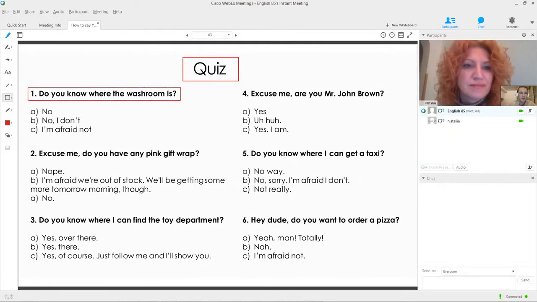Let's read the first one. Do you know where the washroom is? No, I don't. You can say no, I don't, but that's a little bit informal. I'm afraid not.